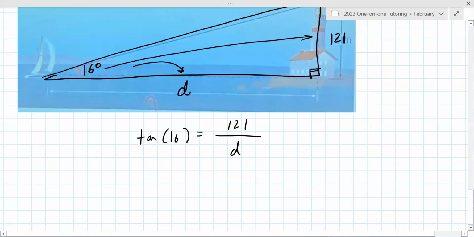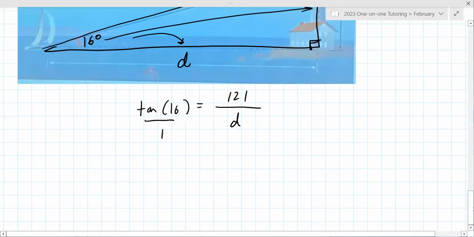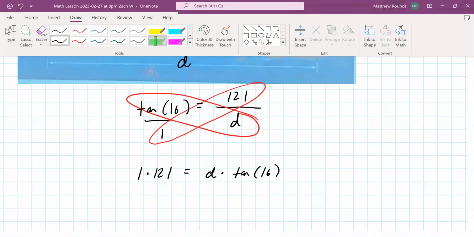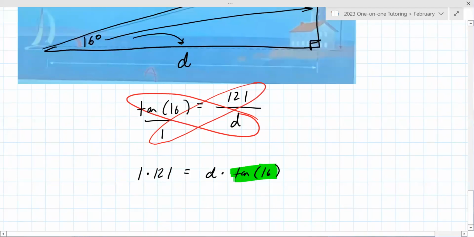And then you would write tan 16 over 1, and the D stays the same. My question is, would I write tan D16 or tan 16D? I put the variable in front. So you recommend variable in front. Yes, which seems counterintuitive, but it makes it work.